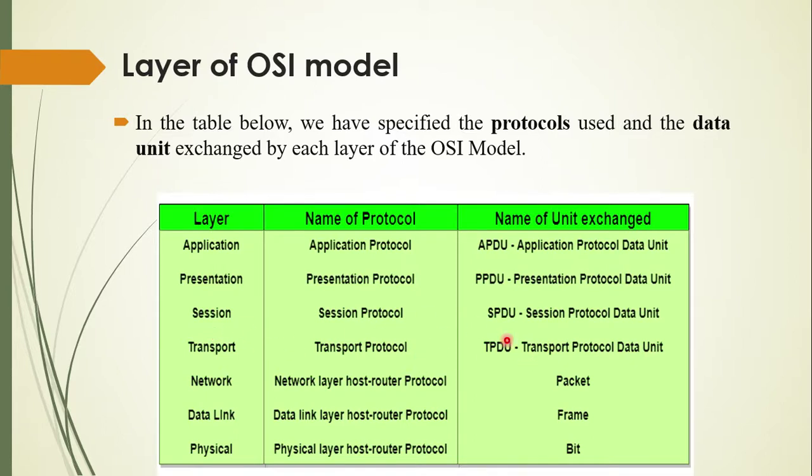At the session layer, encryption and decryption is used and the name of the unit exchanged is SPDU, that is session protocol data unit. At the presentation layer, it is the presentation protocol data unit that presents the data to the sender. At the application layer, the name of the unit exchanged is the application protocol data unit.